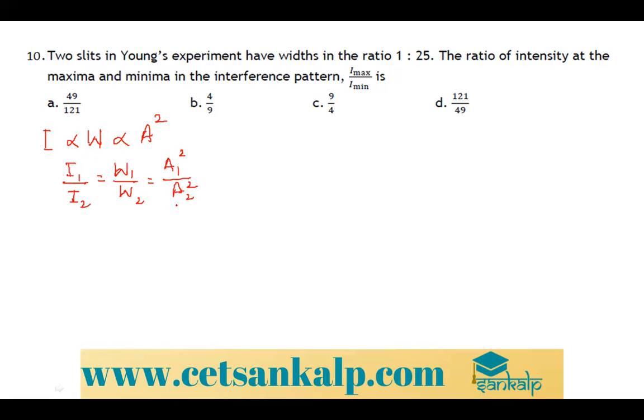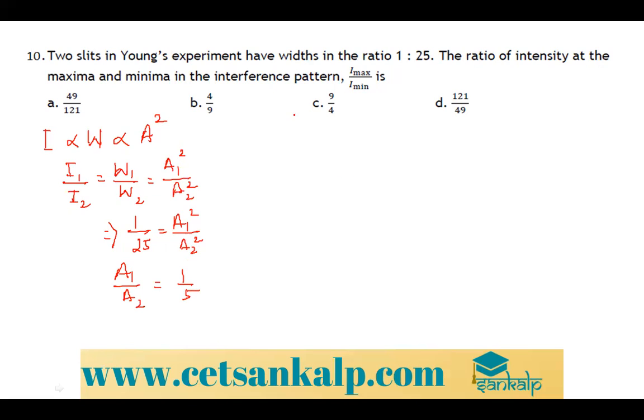But they have already given the width. So 1 by 25 is equal to A1 square divided by A2 square. Taking square root on both sides, A1 by A2 is equal to 1 by 5.